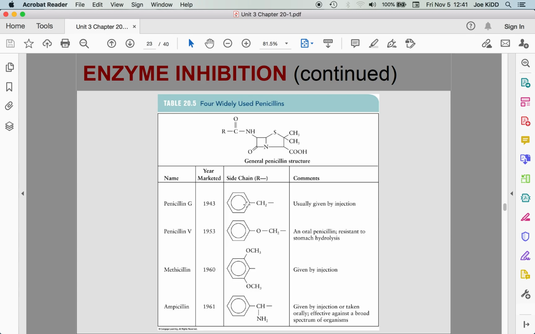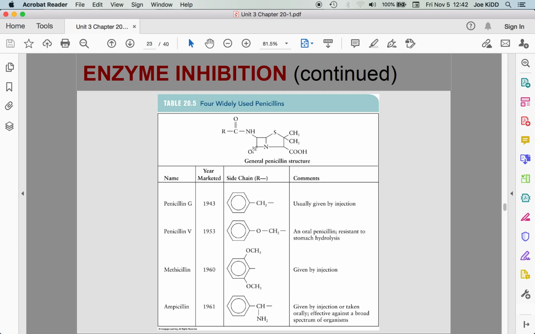So for example, here are the general structures of penicillin. So over time, penicillin has been constantly kind of played with to keep up with resistance that we get. But here you can see many of the different forms of penicillin come from just changing this group here into one of these. Otherwise, the rest of the penicillin molecule remains the same.